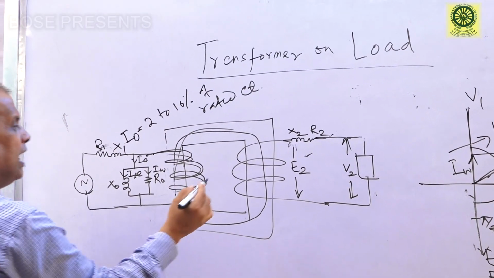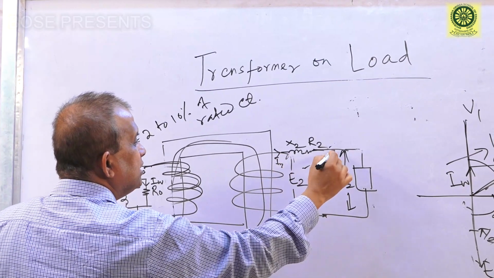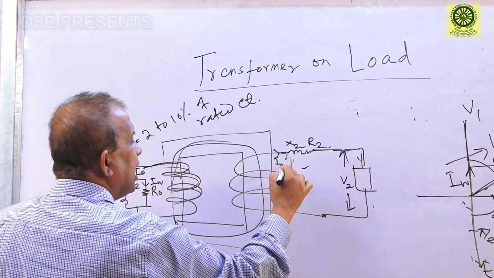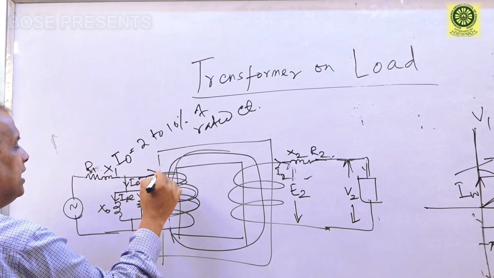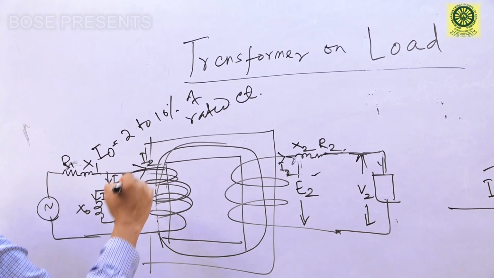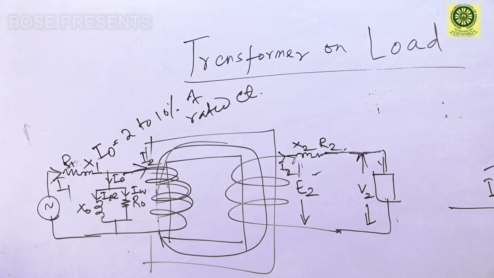The current flowing here, which is being supplied, is I2, and when it is referred to the primary side it is denoted by I2 dash, and the supply current is I1.